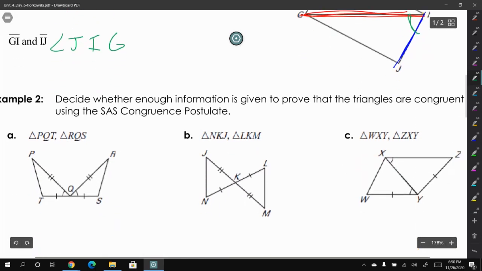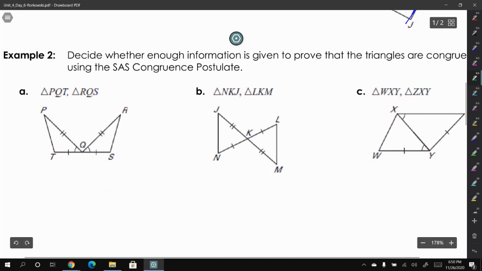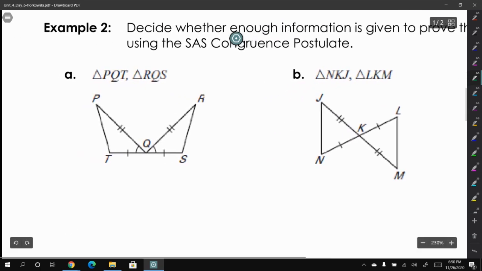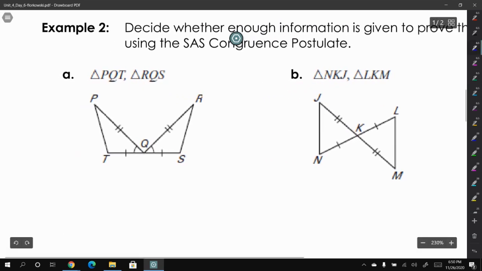So down here, we're going to look and see, are these two triangles in each set, A, B, and C, congruent by side angle side? All right. So what I like to do, again, is color code my congruent sides. So we have the side here, PQ, that has 2 tick marks, and that is congruent to side RQ, because that has 2 tick marks.